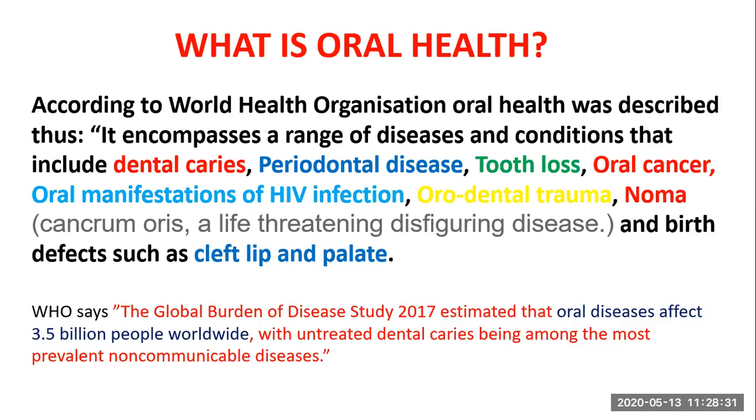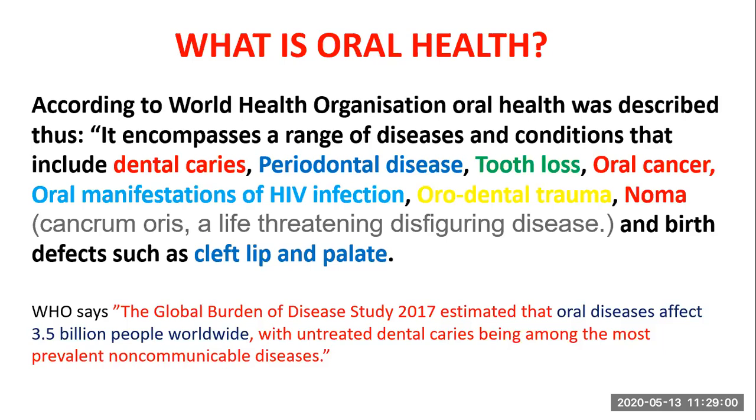In 2017, WHO did a study and said 3.5 billion people worldwide have untreated dental caries. That is to tell you that there are a lot of cases in the hand of a professional who deals with oral health. We know the total number of people on earth, according to statistics, is about 7 billion.